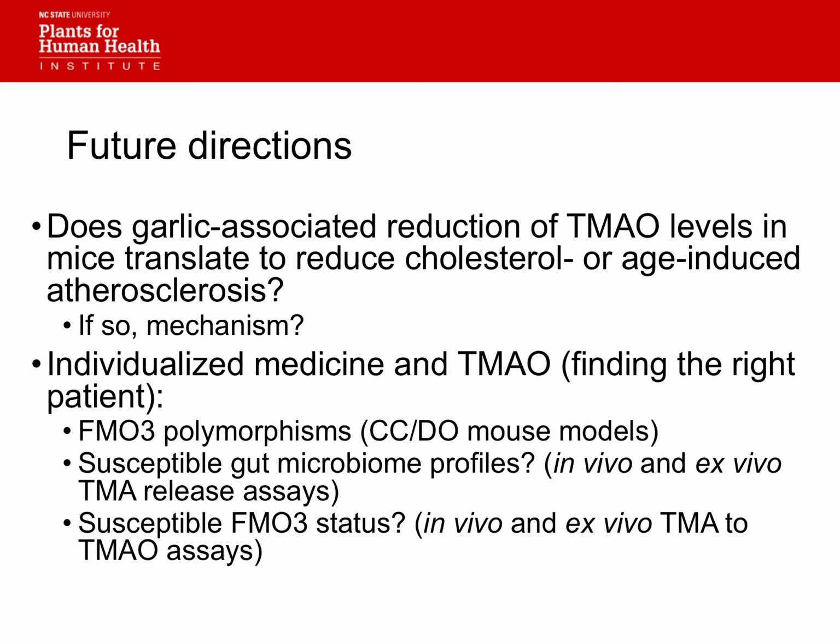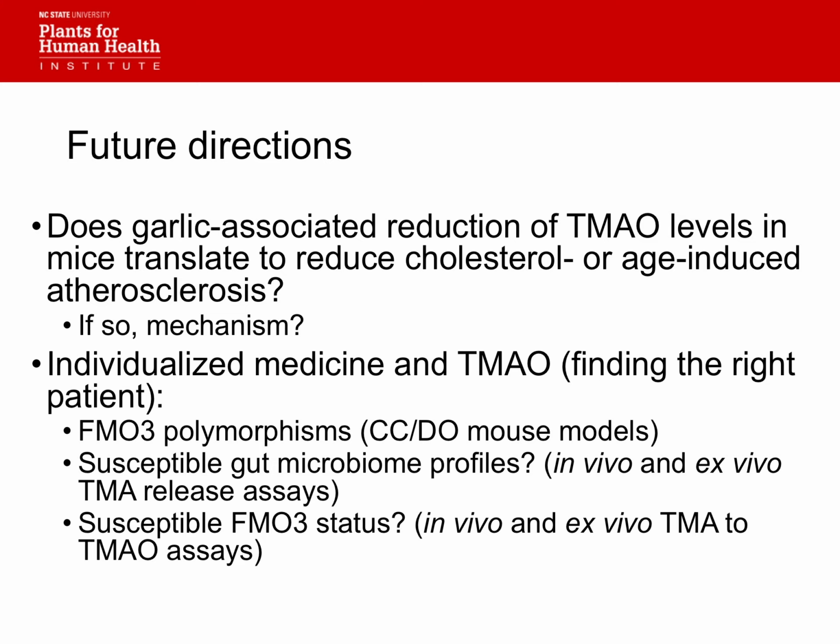Are there people that no matter what we do, we're not going to be able to reduce their TMAO levels? And are there people that are likely to be benefited by some of these interventions? So we can use some different models to identify perhaps polymorphisms in the FMO3 gene. Are there certain gut microbiome profiles that lend themselves to inhibition of TMA release?